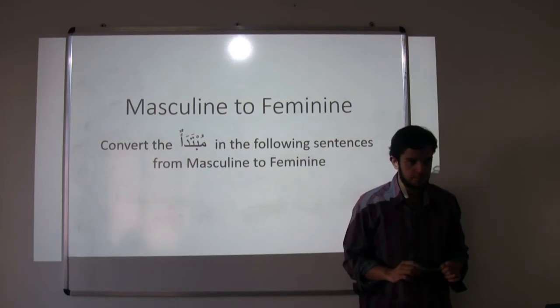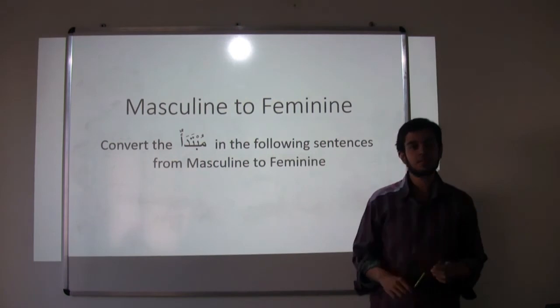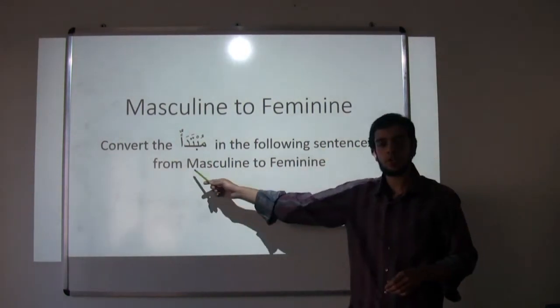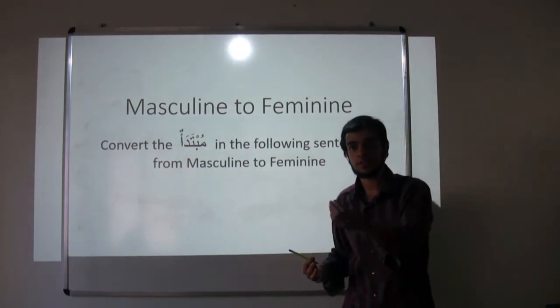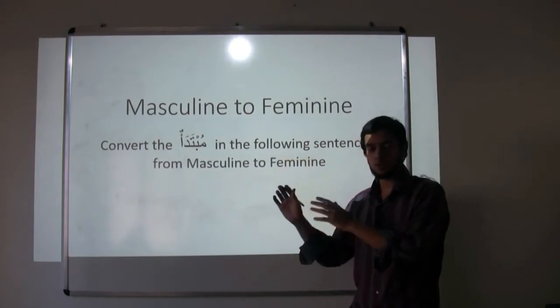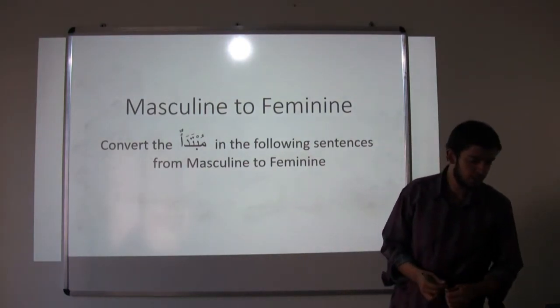Any doubts here? So masculine mubtada, then we have to give a masculine khabar. Exactly, that is what I wanted. It's not as simple as it sounds. I'm saying convert the mubtada in the following sentences from masculine to feminine. What automatically changes? The khabar as well, because it should follow what the mubtada is. As simple as that.